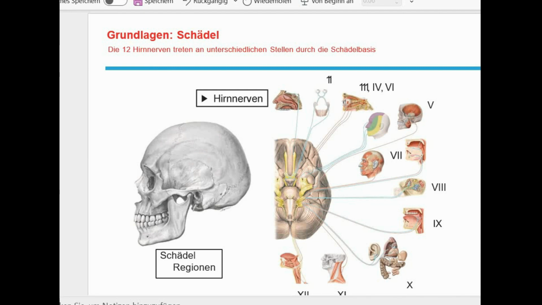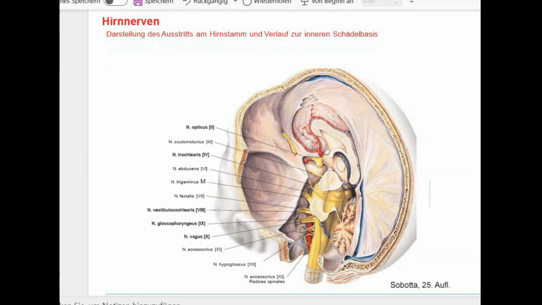Now we must talk about our main subject, the cranial nerves, which enter and exit through various places. And they have different tasks, such as smell, vision, and eye muscles. It's also something general, the position, and maybe in the end we can see that better and understand it better.